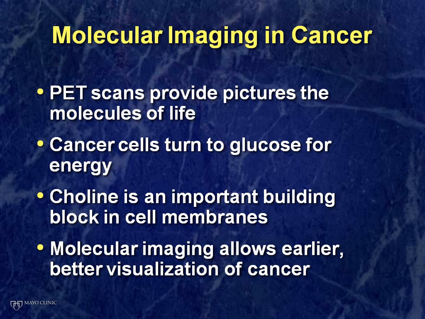But we're branching out to choline and other materials that are important building blocks in the cells, in these cells that have gone to the dark side. Molecular imaging allows us to measure, to better visualize, to visualize it earlier, to allow us to attack and individualize therapy.